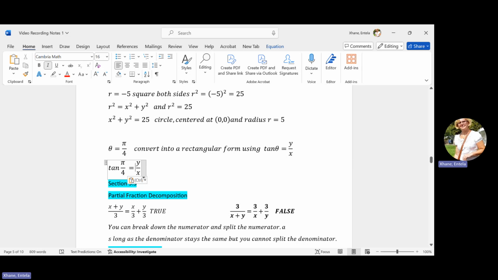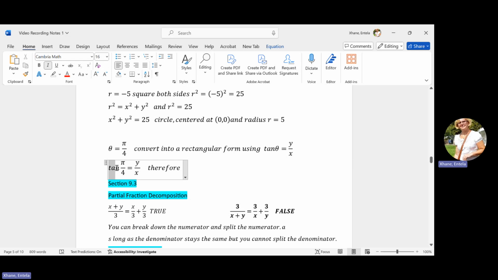And this is where it gets interesting, because I know what tangent of pi over 4 is. That's tangent of 45 degrees, and tangent of 45 degrees is 1. So let's write this down to make it more understandable for all of you.